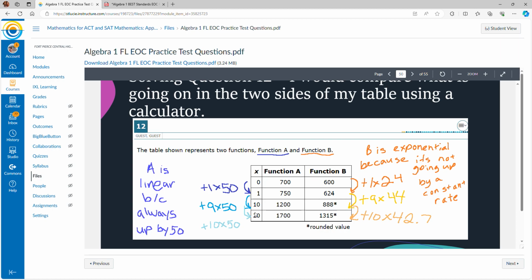And B, the first time it goes up 24, and then it goes up 9 times how much? It goes up 9 times 44, which is not the same as my first amount. And then my next amount, it goes up by 10 times 42.7. So B is exponential because it's not going up at a constant rate.